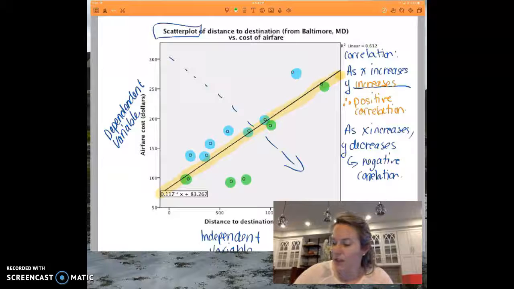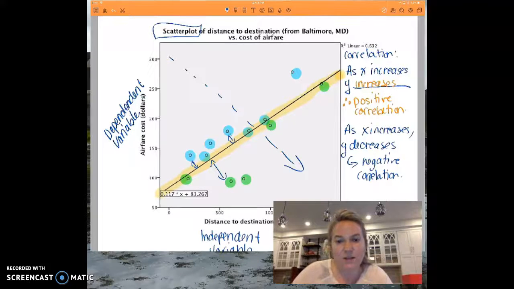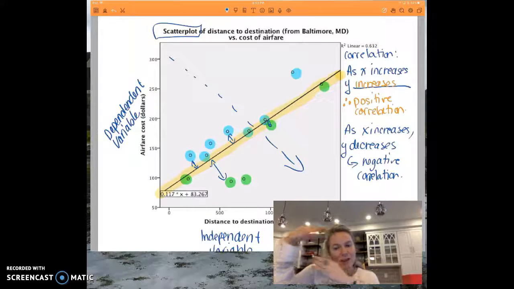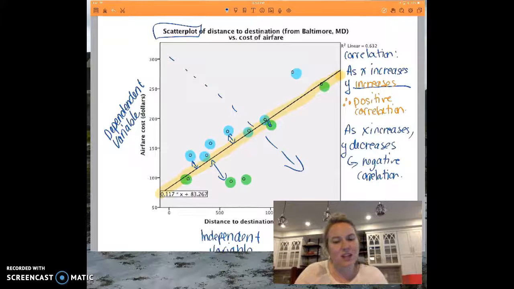And the other thing to notice is this distance from the line here. You should try and minimize those distances from the line. So the line of best fit, by splitting the points and averaging out those distances, is the best estimate of the relationship between the variables.